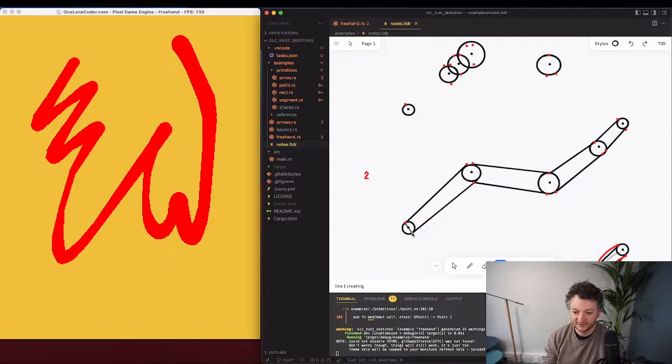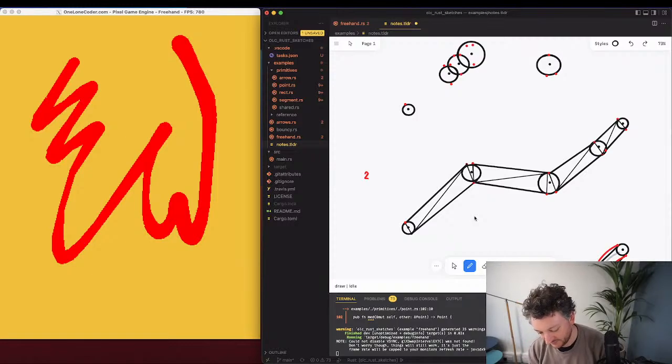We're drawing triangles that are connecting the outer tangents of these circles, and the size of the circles are based on the simulated pressure that we're making.